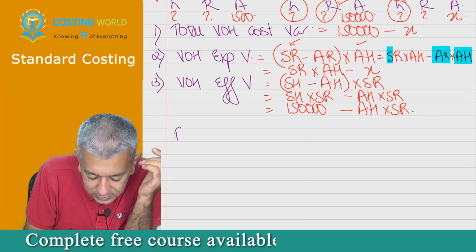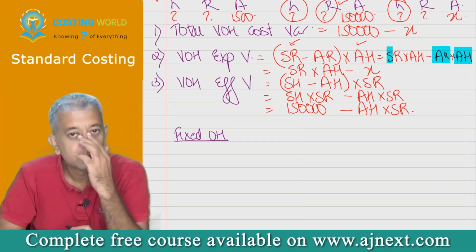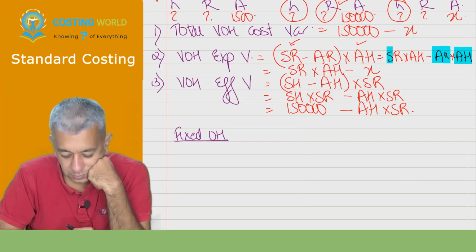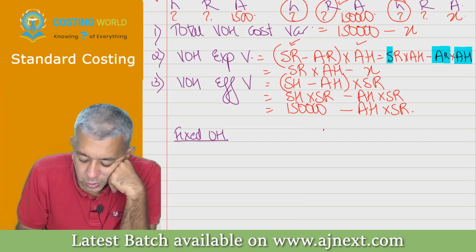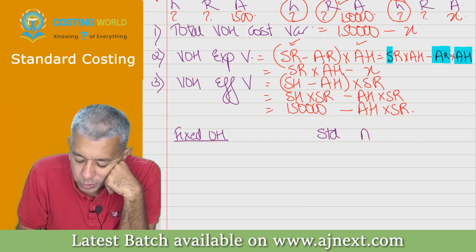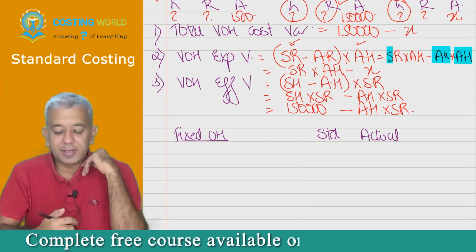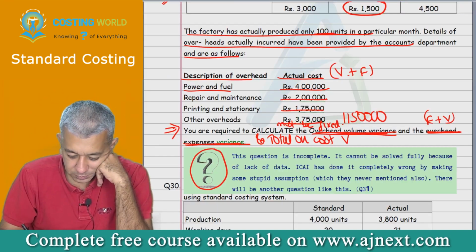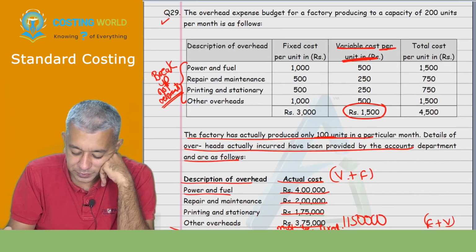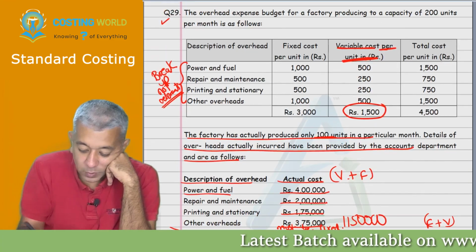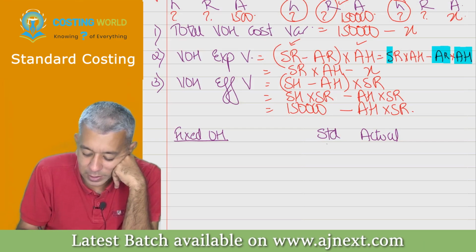fixed overheads. So standard, actual. Now everybody will tell me fixed overheads are dependent upon what factor? Period. In this question, your period is how much, beta? 1 month. I guess this is the data in a particular month. So therefore 1 month.